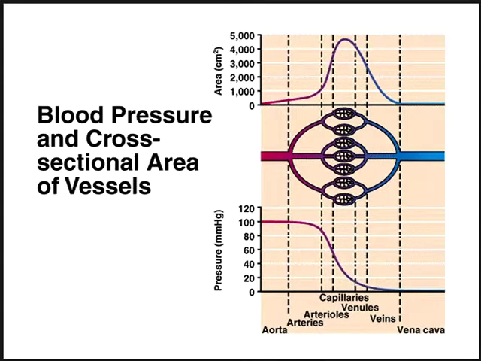There's more blood touching the walls of the vessels. There's more vessel wall for blood to touch as you get smaller, and so that creates more resistance, and that's why you will also have a decrease in flow. This one's not showing you flow directly.